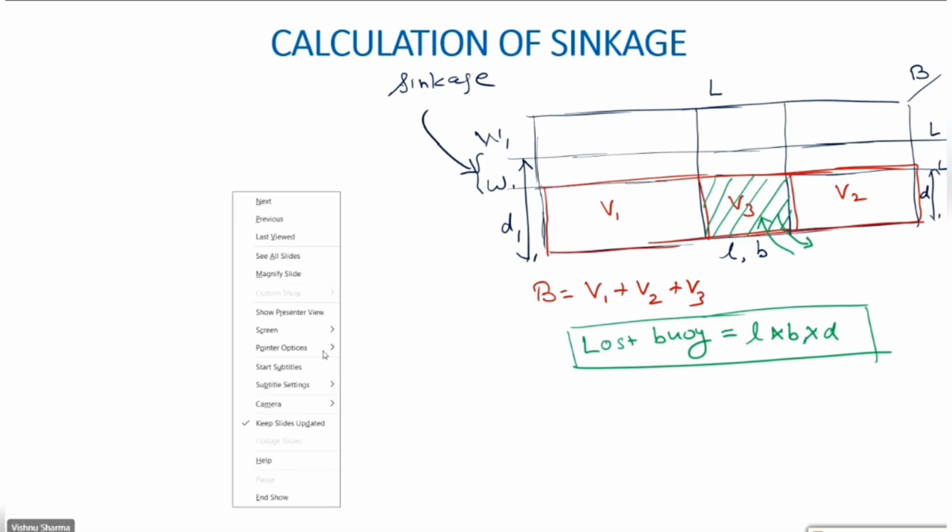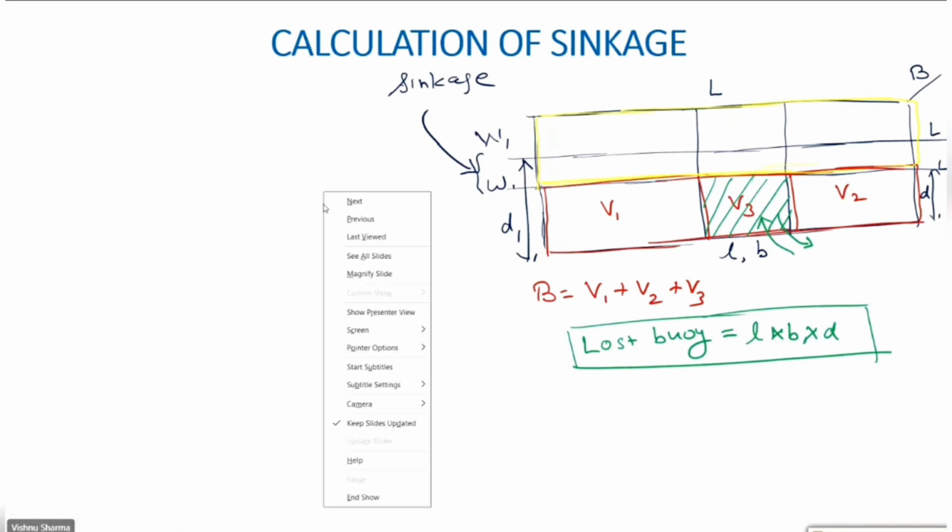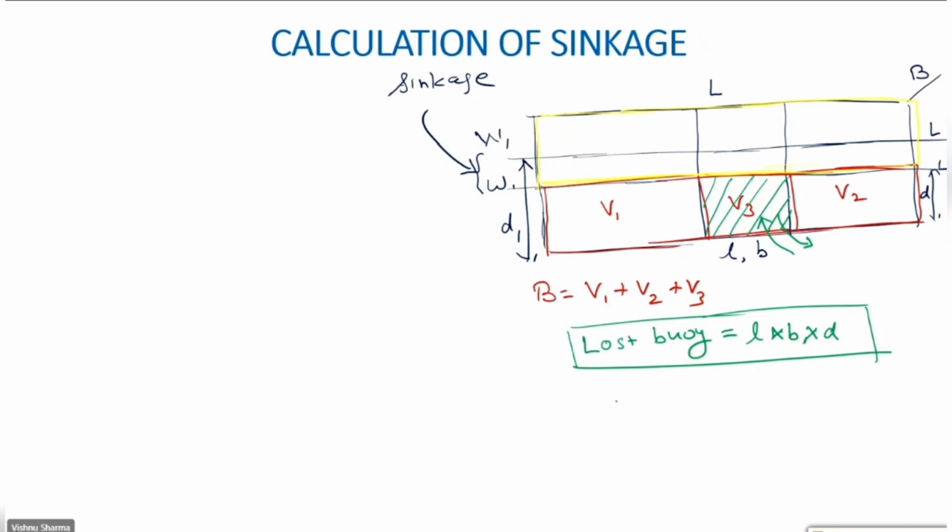What I am talking about is that in the intact condition, this volume of the vessel was the reserve buoyancy. Do you agree with me, beta? This was the reserve buoyancy. Yes or no? Yes, sir. Now what happens as the vessel sinks? The water will rise up to this level as the draft outside. Yes or no? Yes, sir.